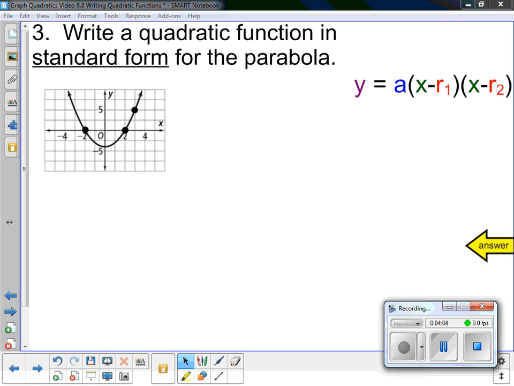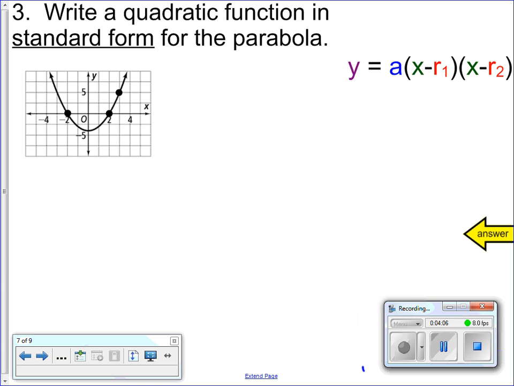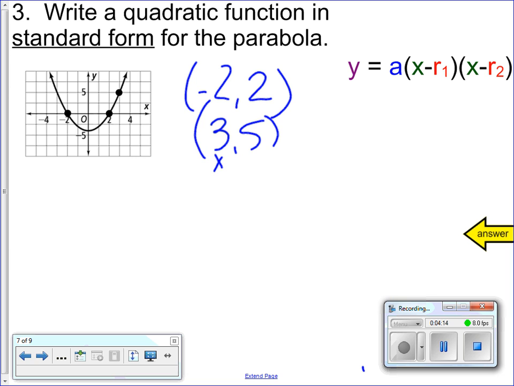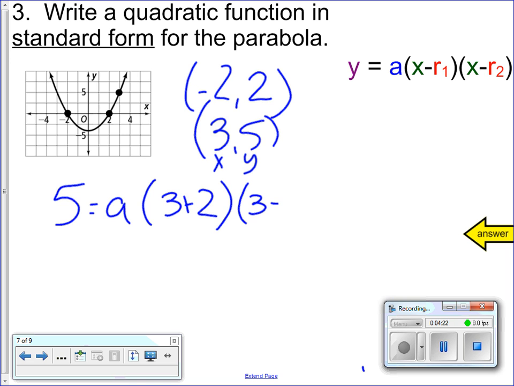We know our roots are -2, 2. And our x, y is 3, 5. This is x, this is y. So 5 equals a times 3 plus 2 times 3 minus 2. 5 equals a times 5 times 1.